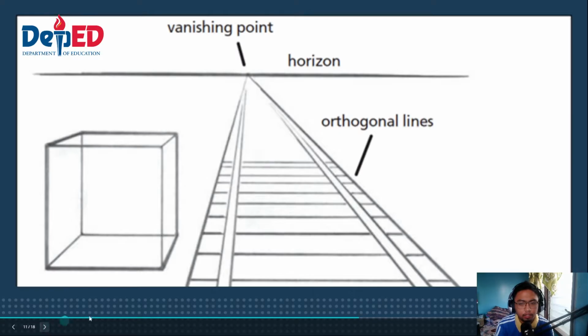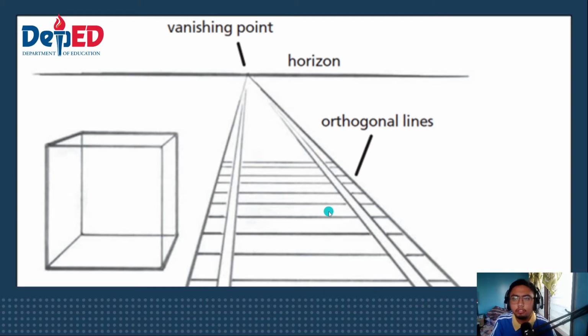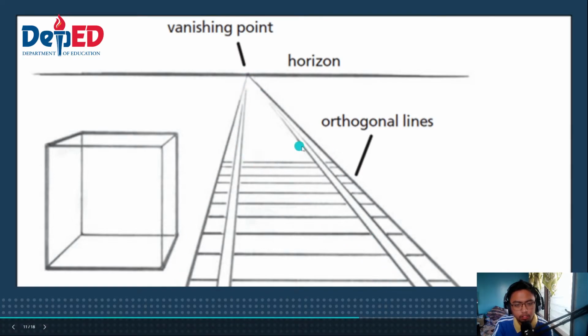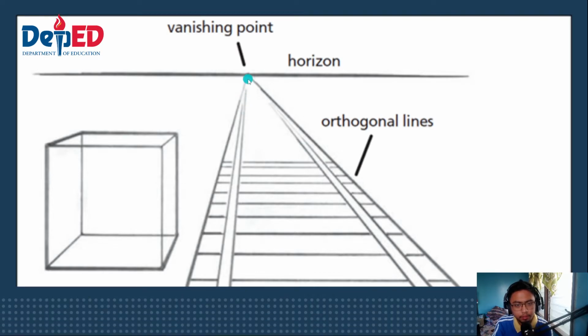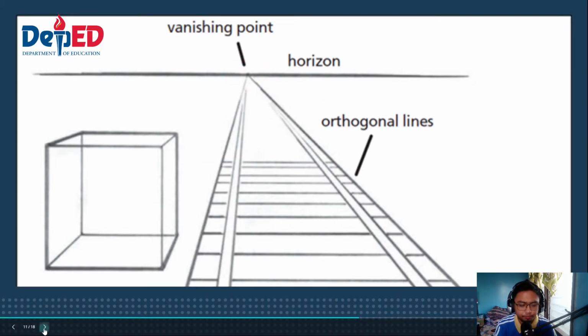If we look here, this is a 1-point perspective, because you only have one vanishing point. If you create a railway here, you will notice that it changes its angle, because the vanishing point is over here and you have your orthogonal lines that guide you on your railway. Remember that it should be at the eye level of the viewer or the illustrator.